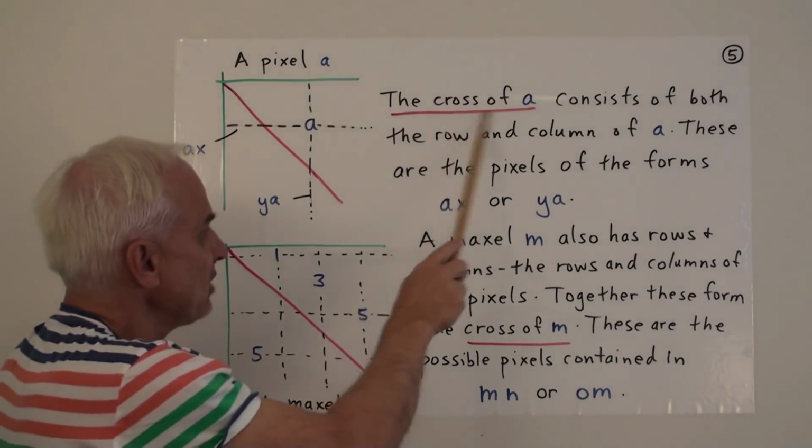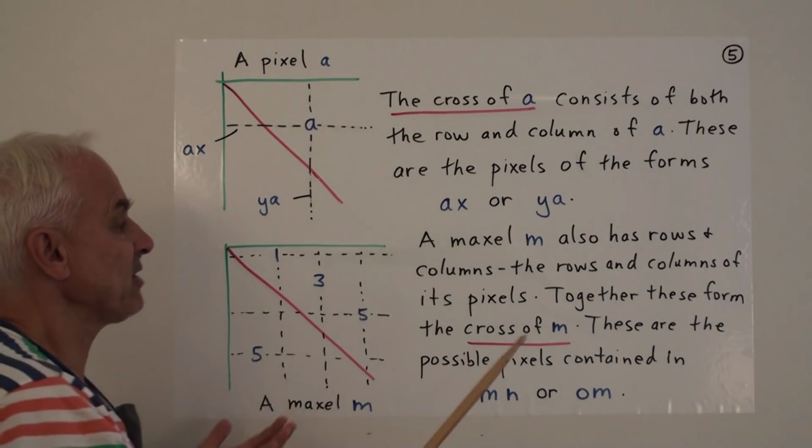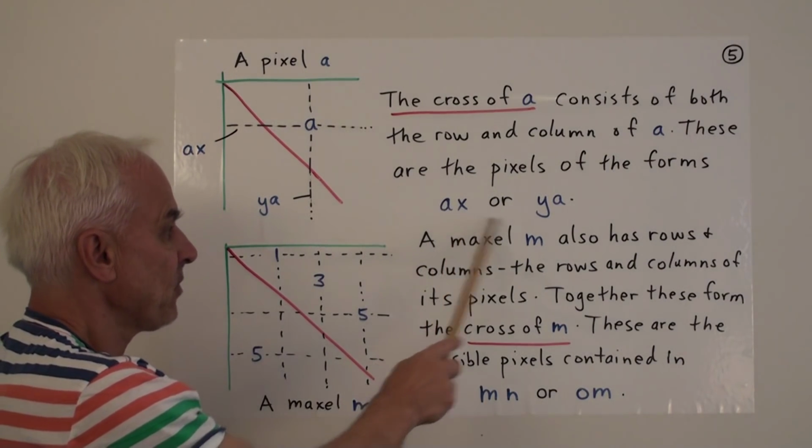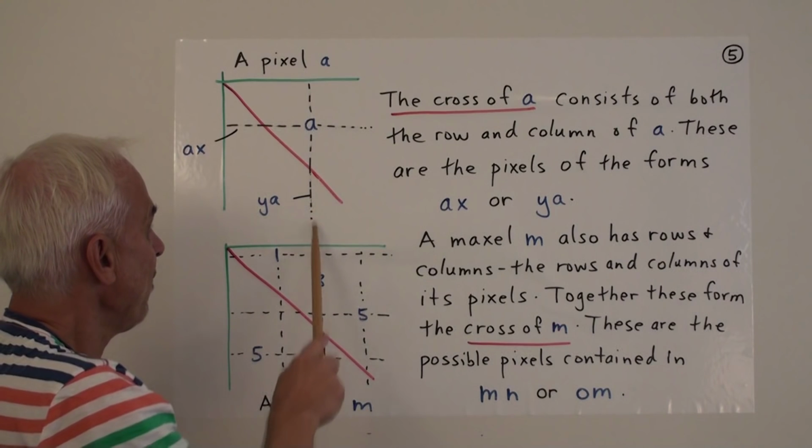Let's call that the cross of A. That consists of both the row and column of A. And these are the pixels of the forms AX or YA. Here are the AXs. Here are the YAs.